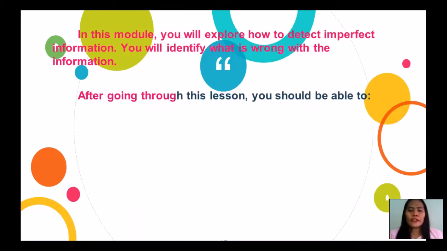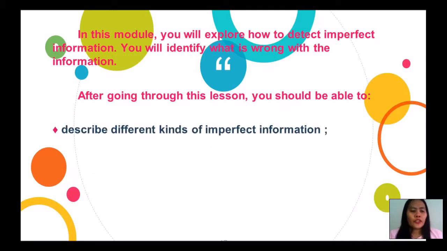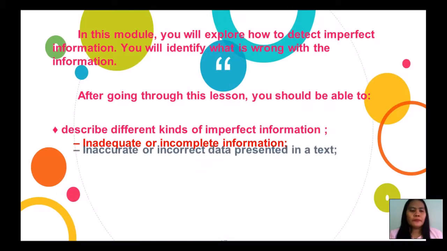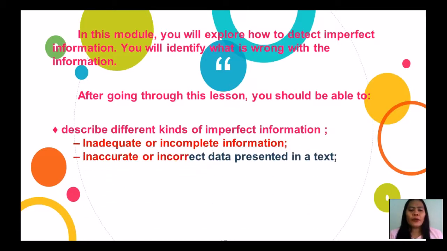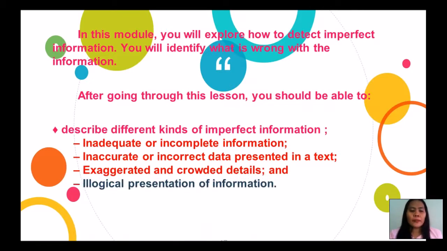After going through this lesson, you should also be able to describe different kinds of imperfect information: inadequate or incomplete information, inaccurate or incorrect data presented in a text, exaggerated and crowded details, and illogical presentation of information. Identify conflicting information in a text.